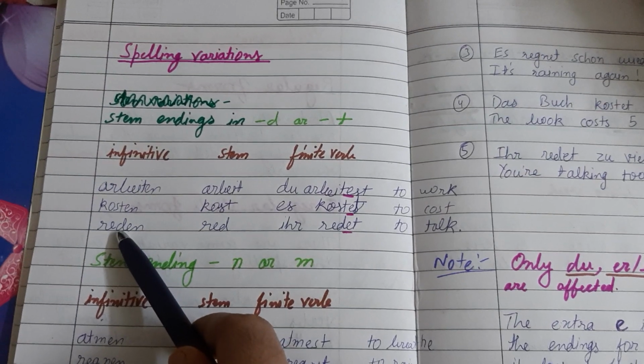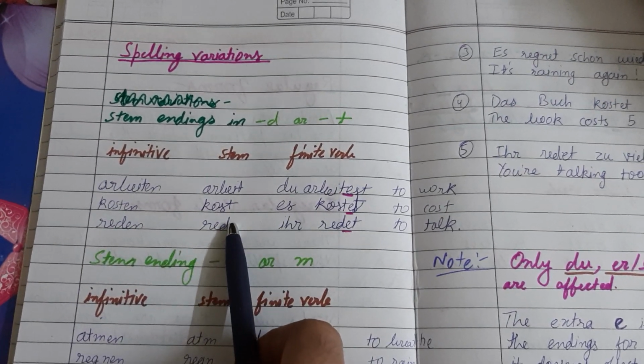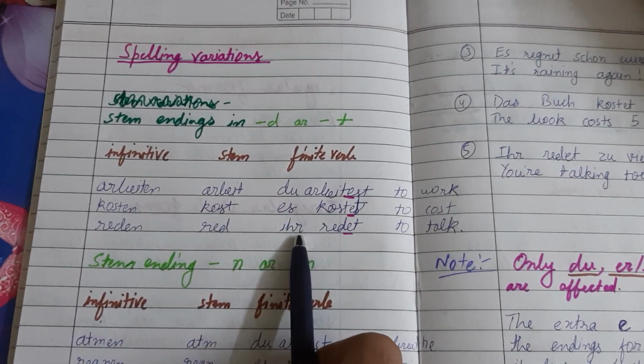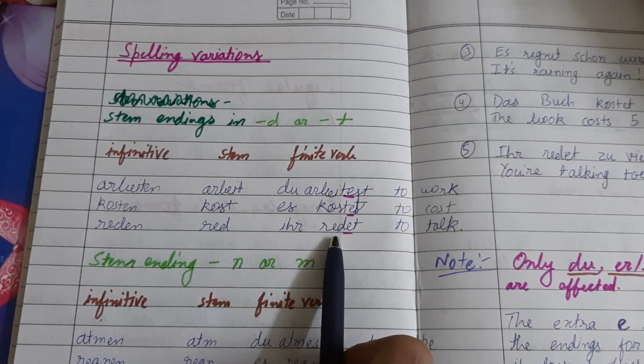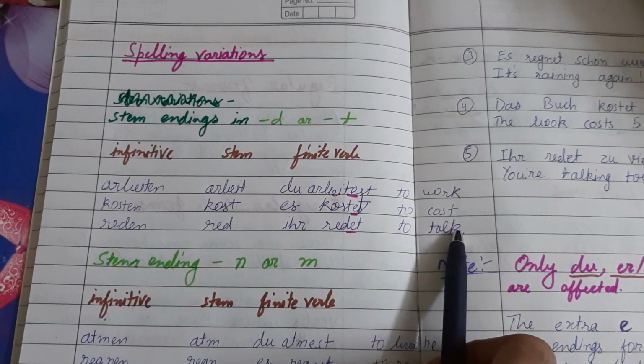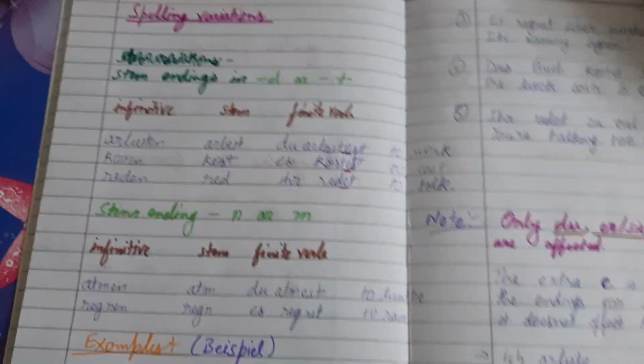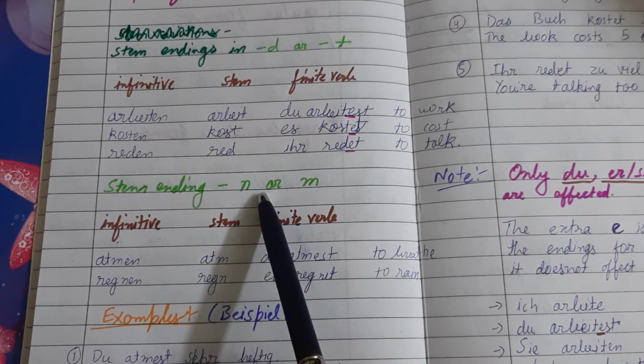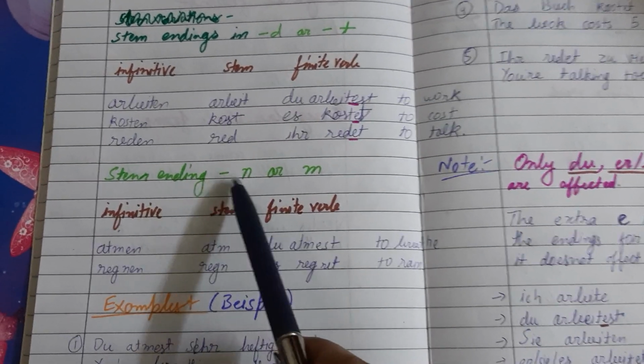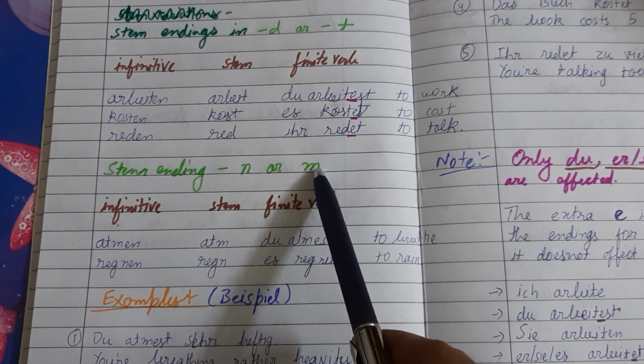Similarly in reden, whose stem is red, you say er redet, which means to talk. There are similar things for the stem endings in n and m.